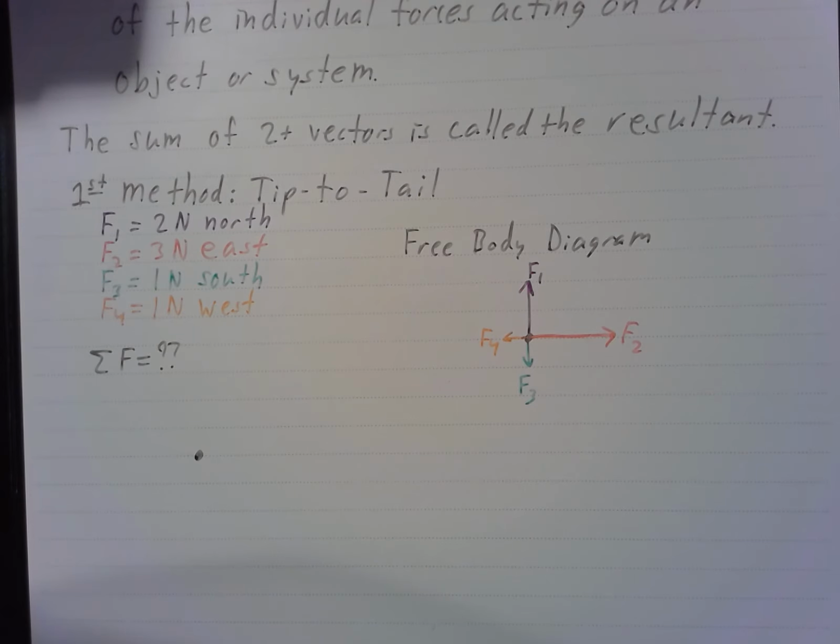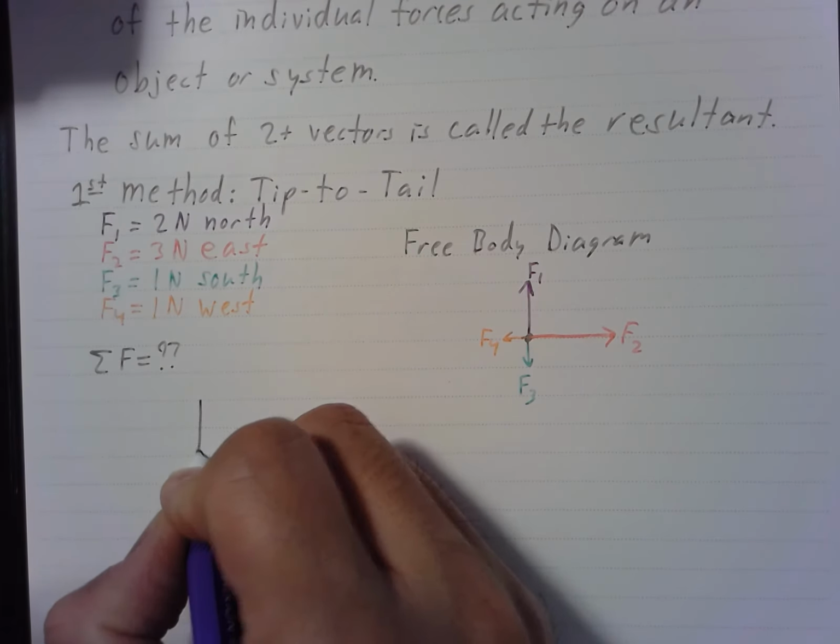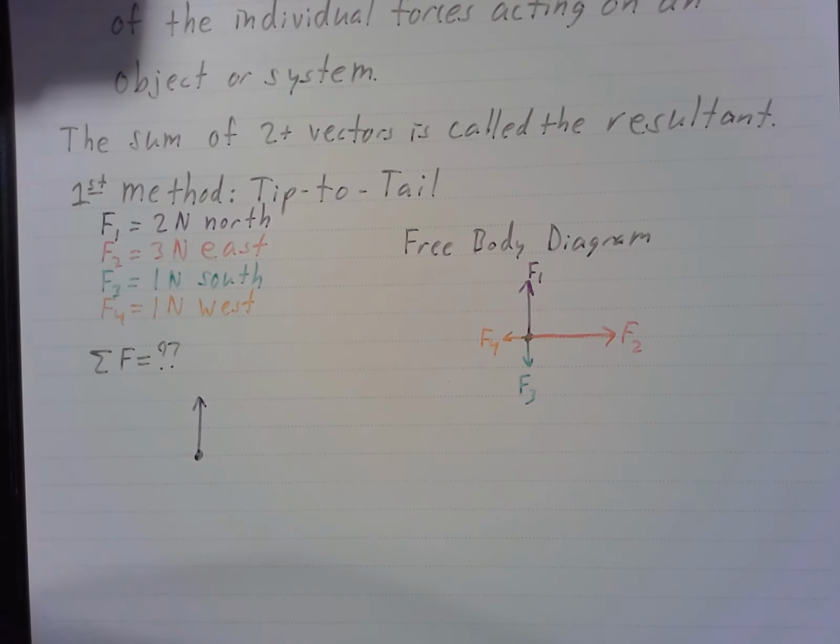And so I'm going to draw my first vector. I take the tail of my arrow, start it at my origin, and then draw all the way to the arrowhead, or the tip. And so my first vector is here.